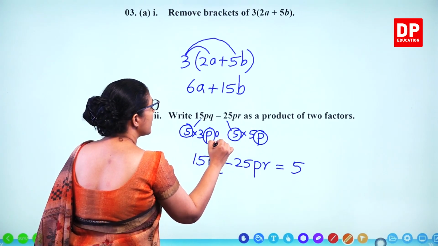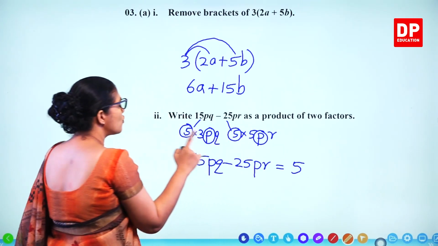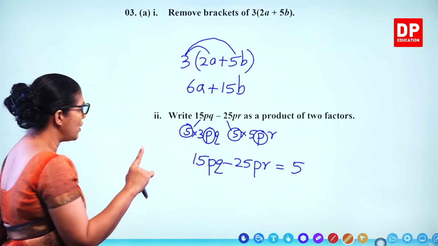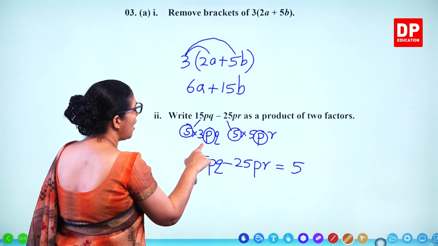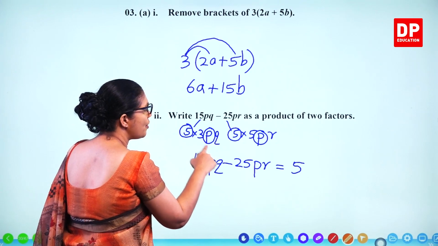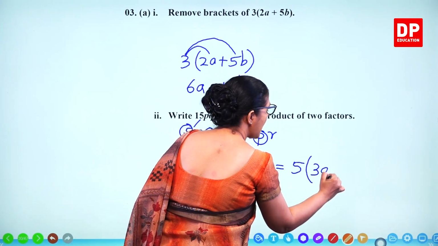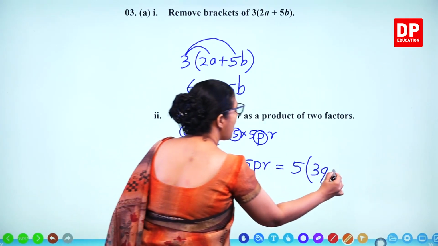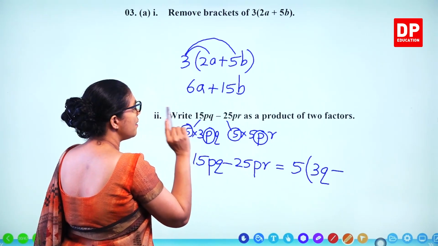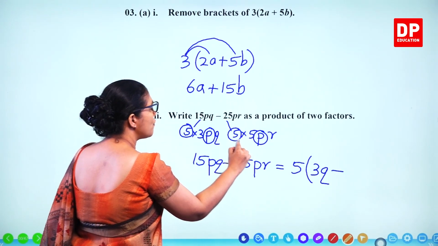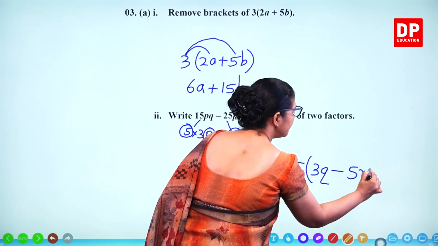And here q extra, this is r extra. So you can take 5p out. When you take 5p, what's remaining? 3q remaining. So we write inside 3q and this is minus. This sign comes there. Then we took 5p out, 5r is remaining.